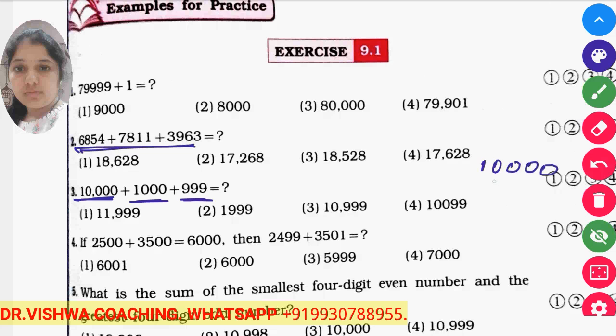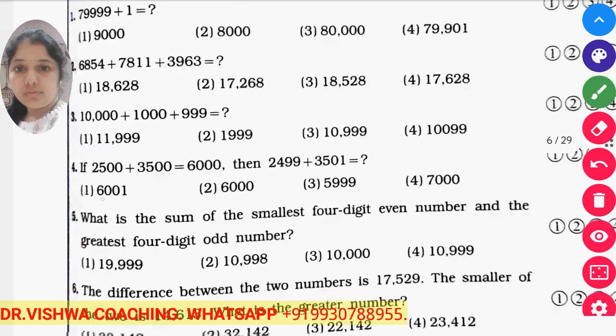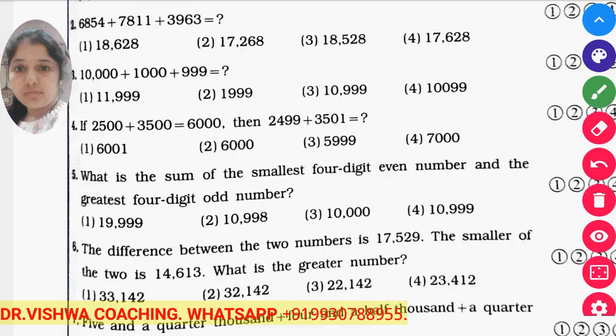So it becomes 11,999. Okay, you can write one below the other and add it. So this is simple addition sums. You all know how to add them. So we will not waste our time.